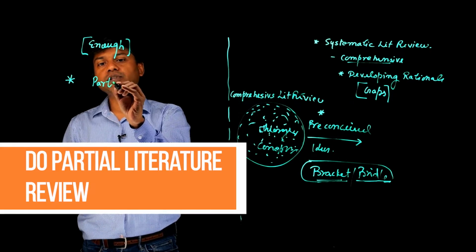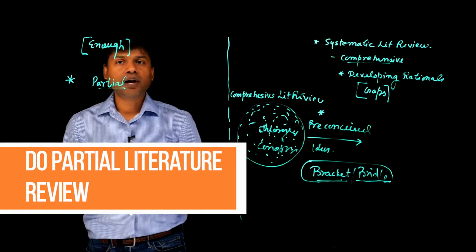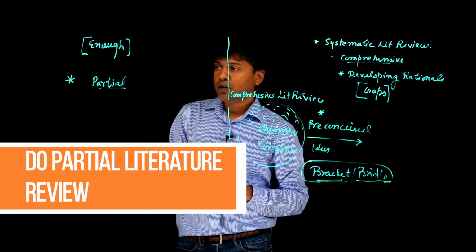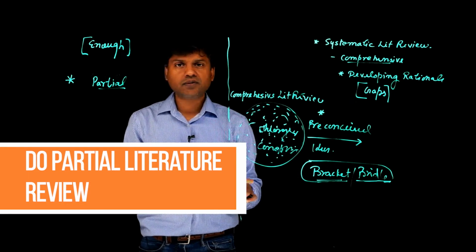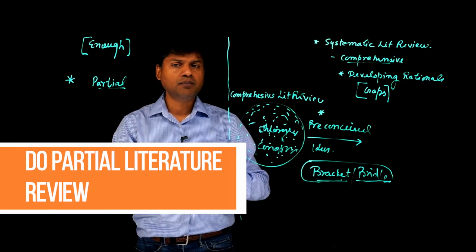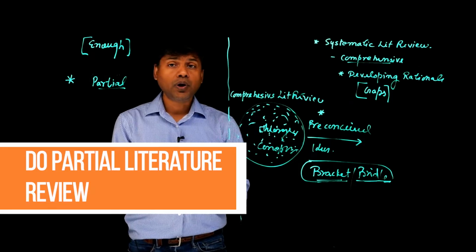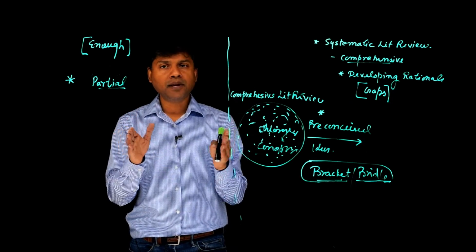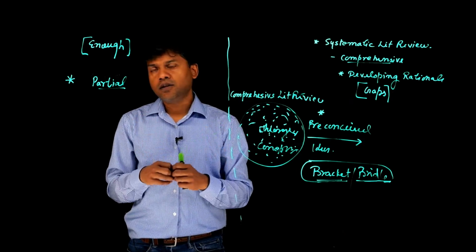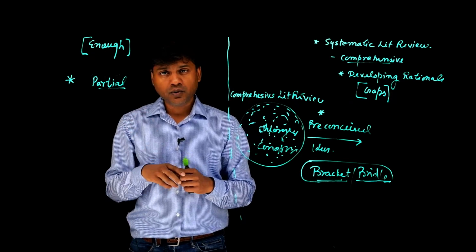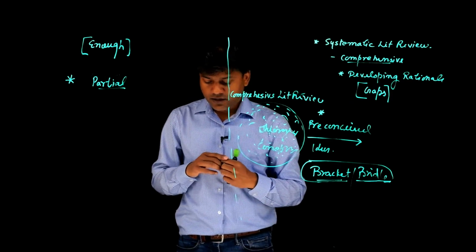Do a partial lit review rather than a comprehensive lit review. Partial meaning that you are going through the literature and just familiarizing yourself with some of the key knowledge concepts in the field, but you are not doing a very comprehensive, detailed lit review. So we recommend partial lit review when you are starting your study.